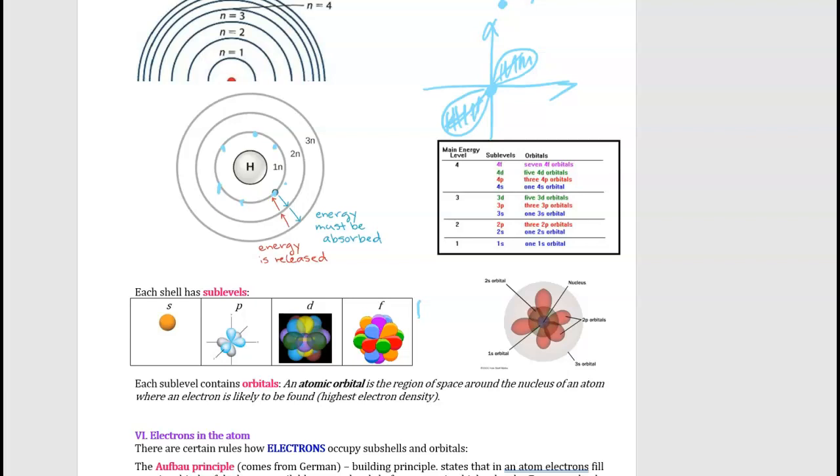And P electrons can be on 3 different orbitals. As you can see, an S electron has only one orbital, which is spherical.